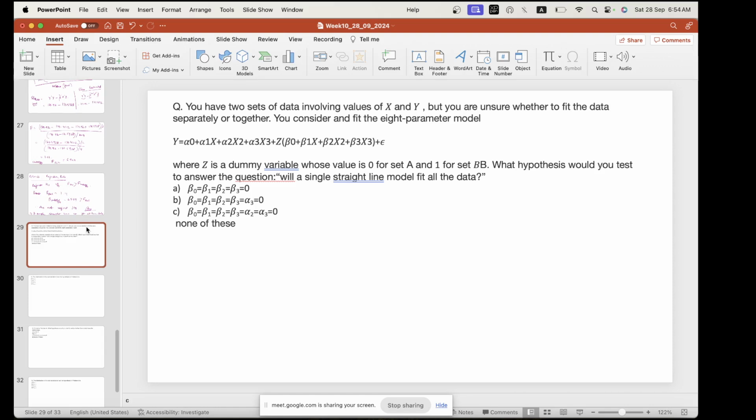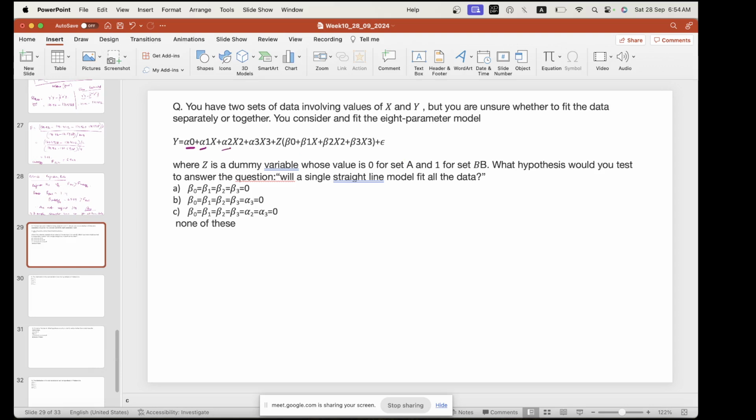So here the question is, you have two sets of data involving values of x and y, but you are unsure whether to fit the data separately or together. So you consider and fit the 8 parameter model. So here how many parameters do we have?